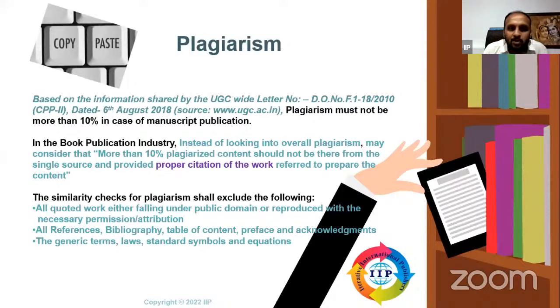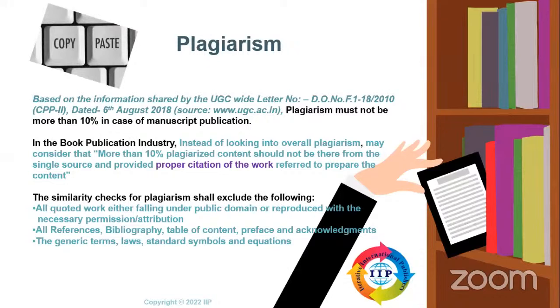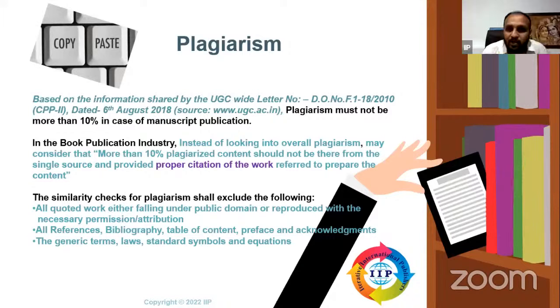So in general, instead of looking at the entire book's plagiarism, we look to ensure that no content crosses 10% plagiarism from a single source. You should not extract content from a single source such that you cross 10%.